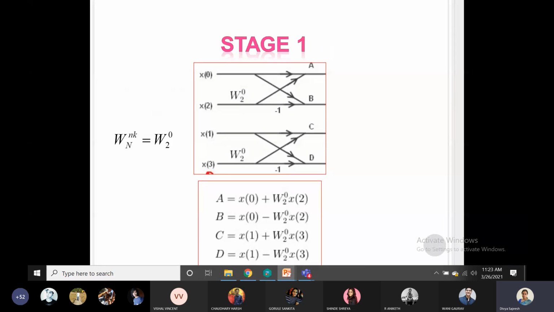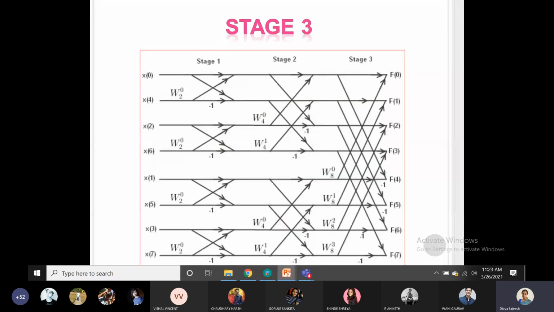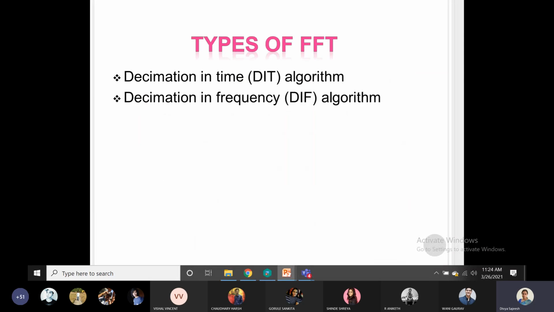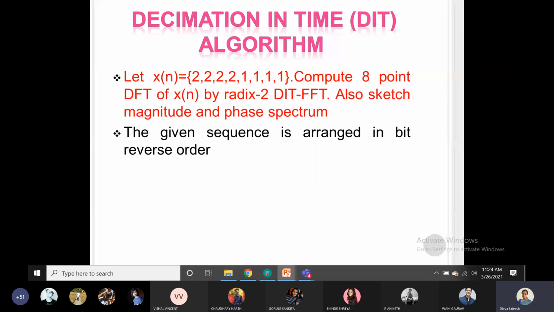Rather than going to the general terms, we will go directly to the question. x of n is an 8 input sequence. You have to compute the 8-point DFT by radix 2 DIT FFT.